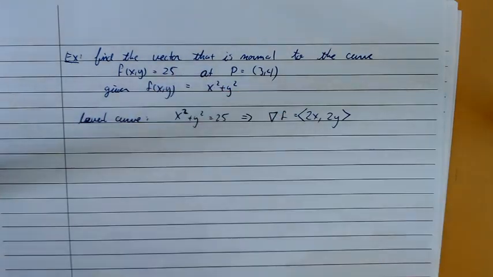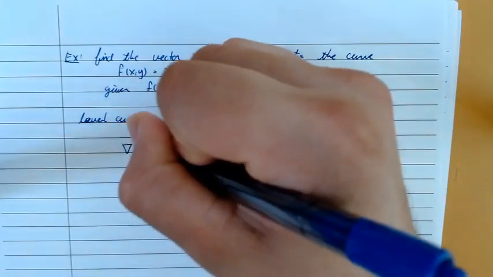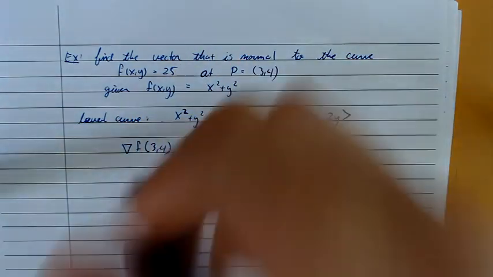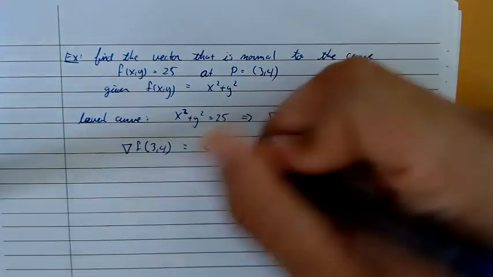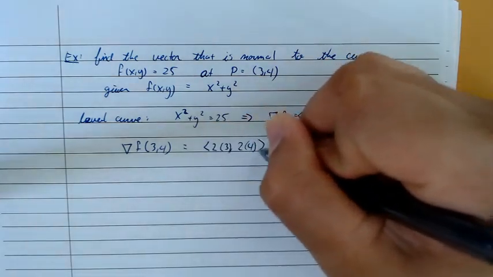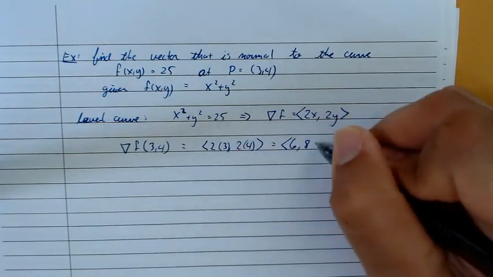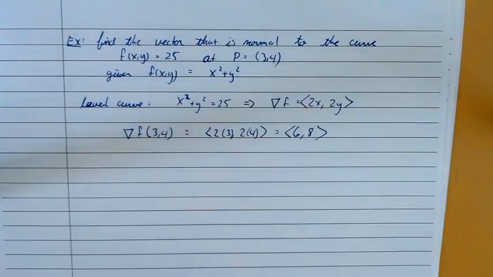That'll be the gradient of f at 3, 4, which would be 2 times 3, 2 times 4, which will give us the vector 6, 8. So that will be the vector that is normal to the curve at that point.